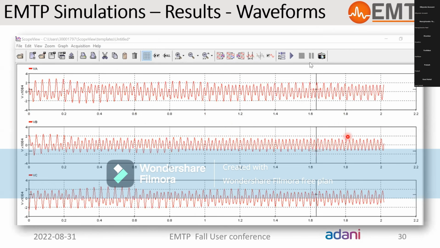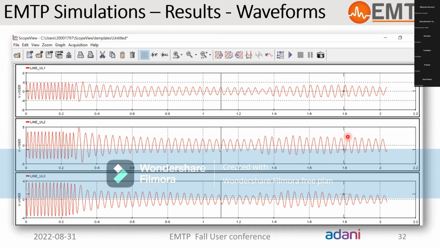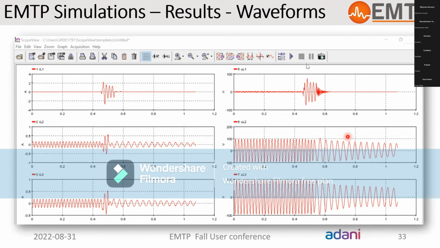For some more simulations that have been done, there are the voltages, and here we can see the system voltage also and the current captured by the CT. So these are the waveforms of the EMTP simulations.